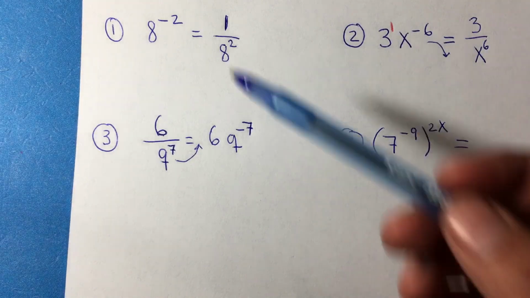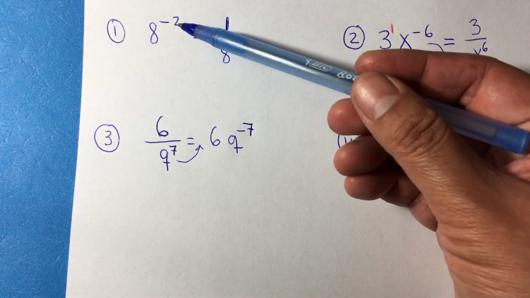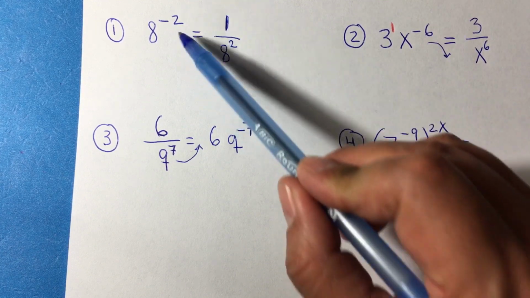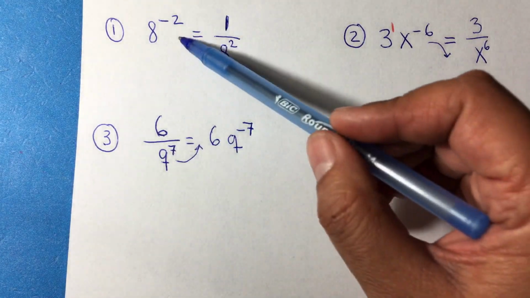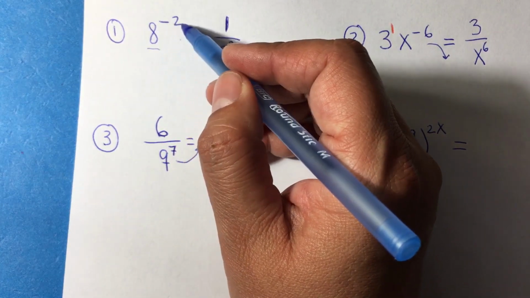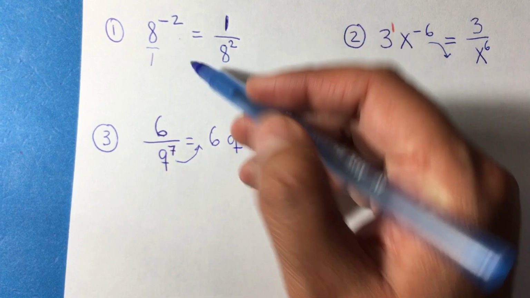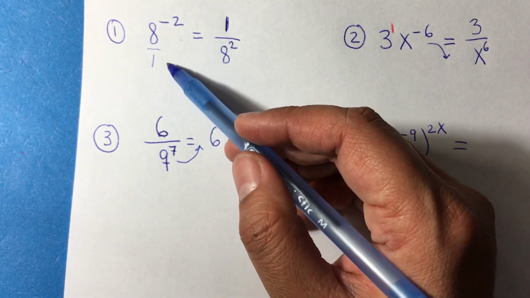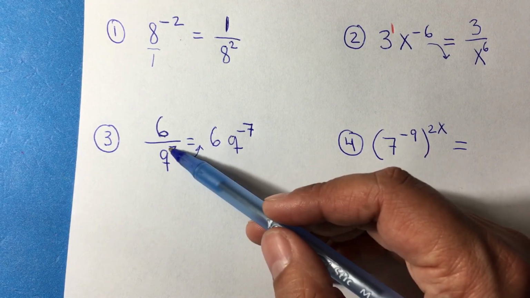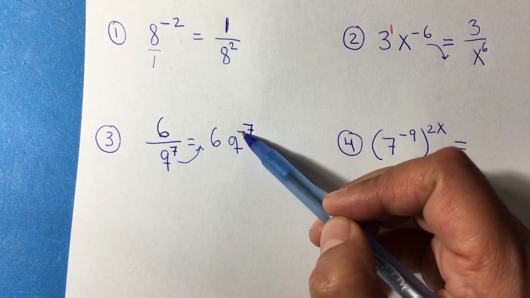So notice how the exponent changes its sign when we move it to the opposite side of where it is. Right now in here it is like having a to the negative 2nd power over 1. We're just sending that power to the denominator. By changing it up, because it was positive, then it becomes negative.